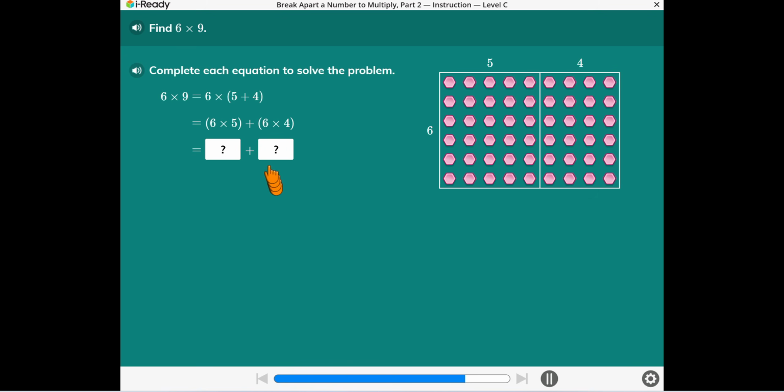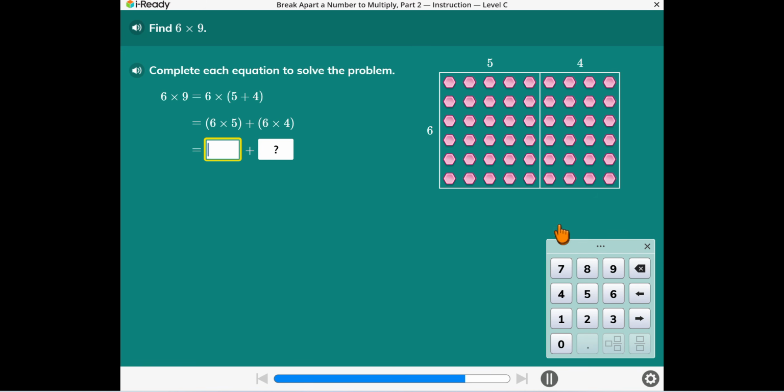Okay. Can someone give me... Okay. So, guys, I do not know the answer. So, I'm going to be smart by multiplying 6 times 5. And that equals 30. Now, I don't know the other one.